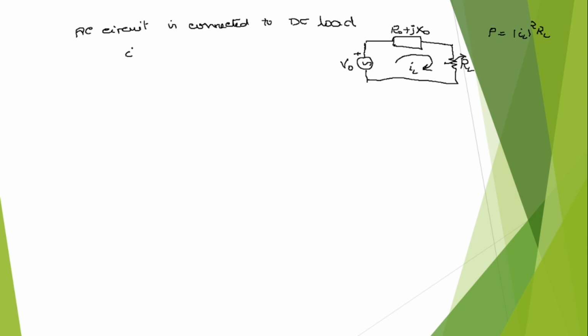So what is IL now? IL is V naught by R naught plus jX naught plus RL. Correct? This is IL. That is, it is V naught divided by R naught plus RL plus jX naught.